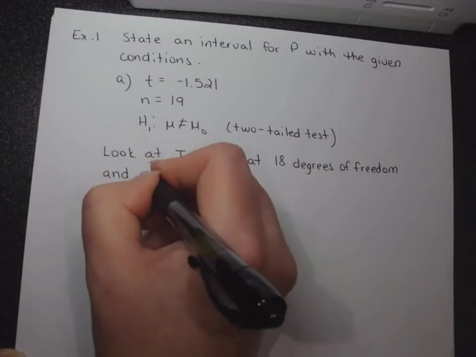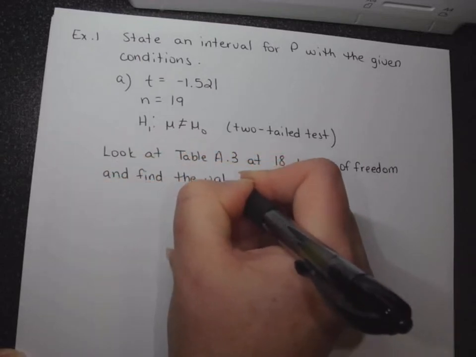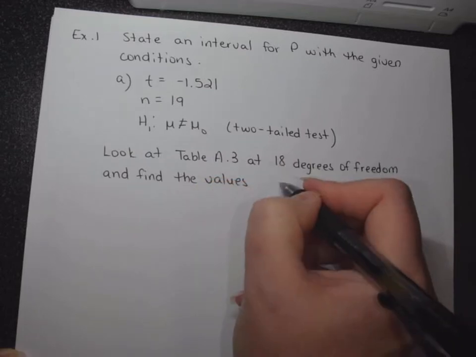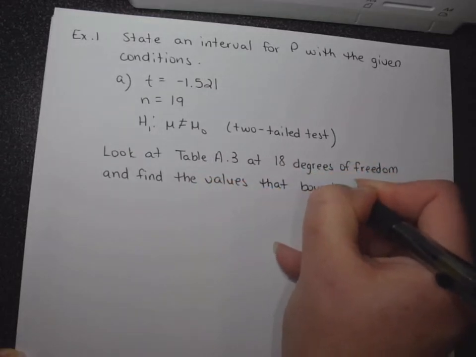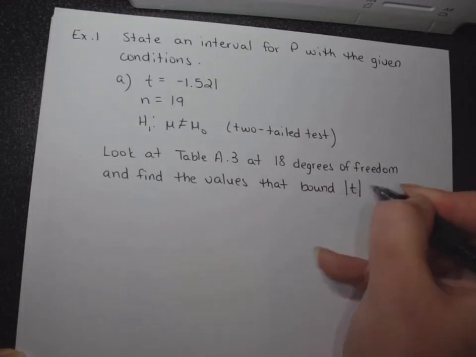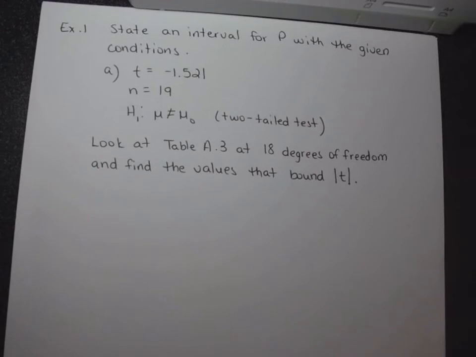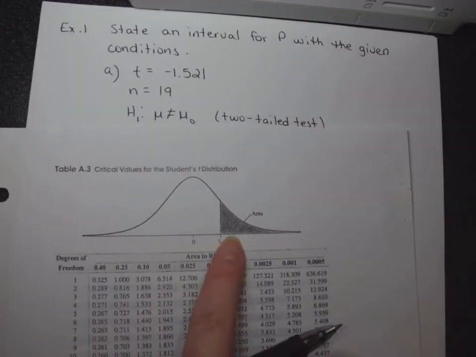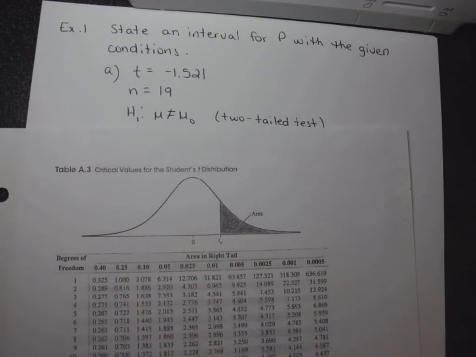And what you want to do, and I'm going to show you the chart in a minute, is find the values on that row of 18 degrees of freedom that bound t, more specifically, the absolute value of t. All the values on this chart are positive because we're always talking about area to the right, so t is always positive. But just know there's also a negative version of that t over here.